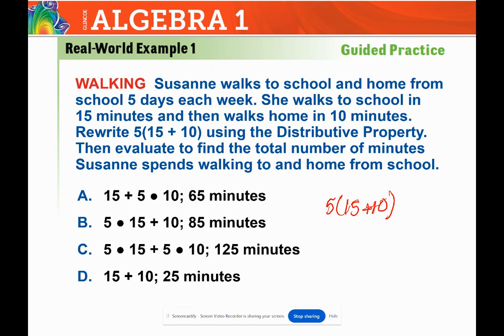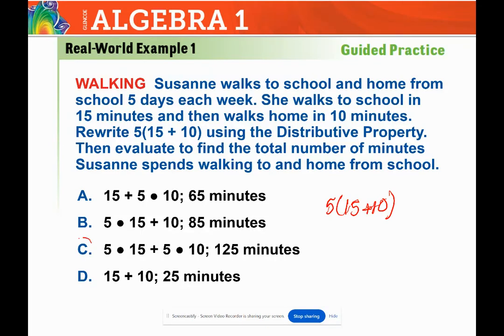Distribute the 5, and which one of these demonstrates distributing the 5? Then you should get your answer. I'm going to wait for a minute and let you work that problem out in your notes, and then I will let you know. You can also pause the video here.